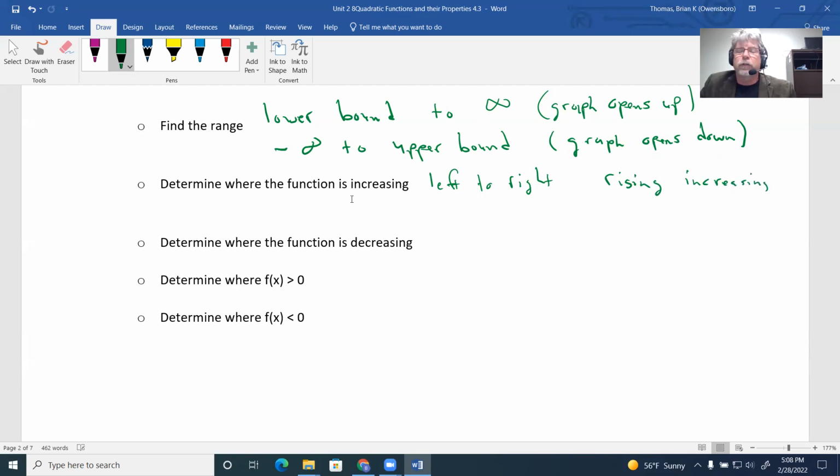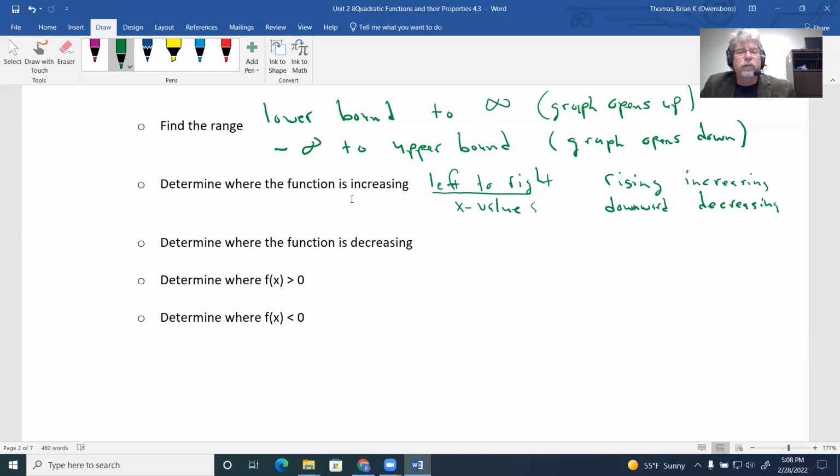If the graph is going downward, then we would describe that as a decreasing interval. And remember, when you're doing intervals, you're talking about your x values, left to right.